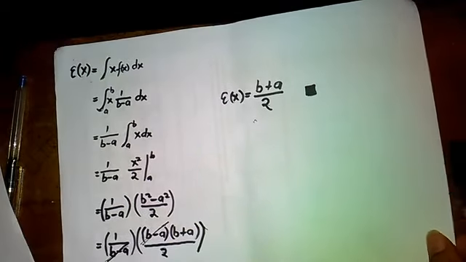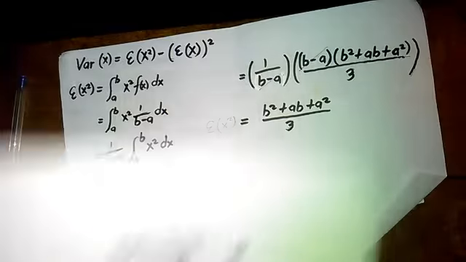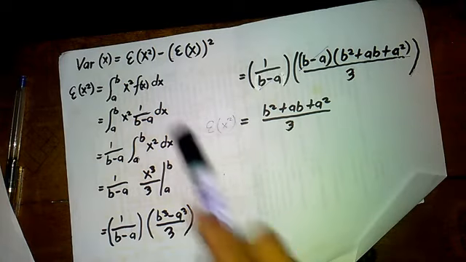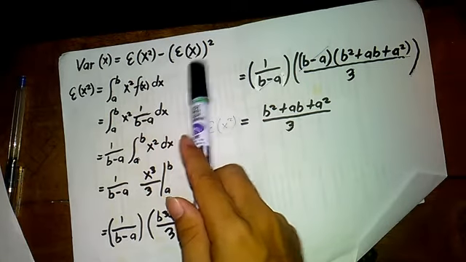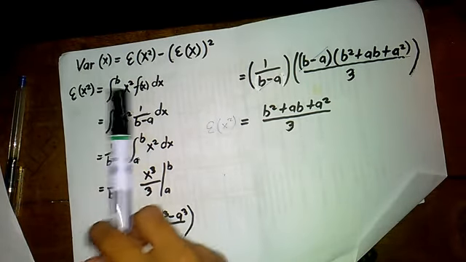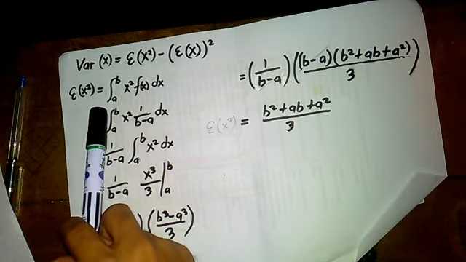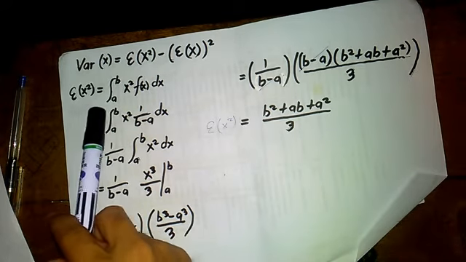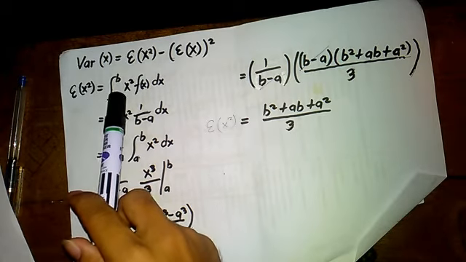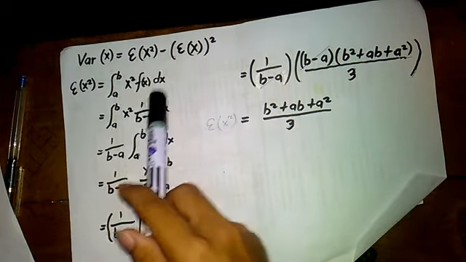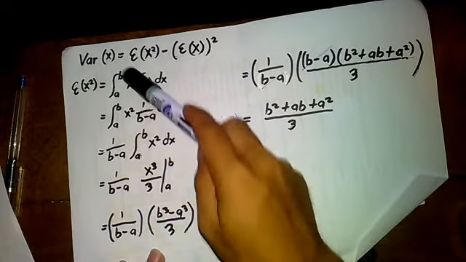To get the variance of the variable x, it is the second moment minus the first moment squared. We find first the second moment. The second moment is equal to the integral of x squared times f of x dx evaluated from a to b.